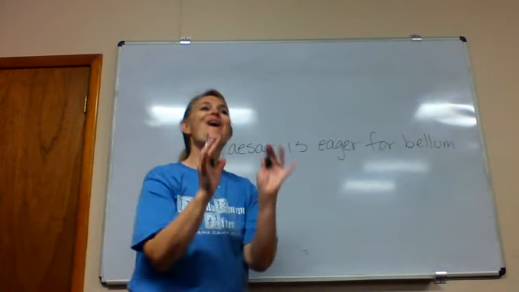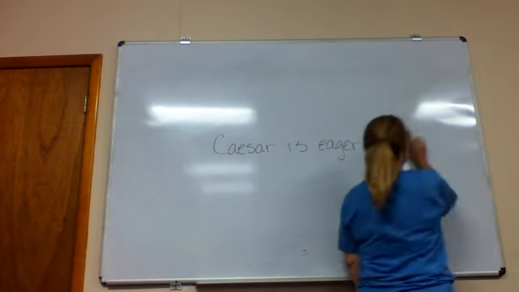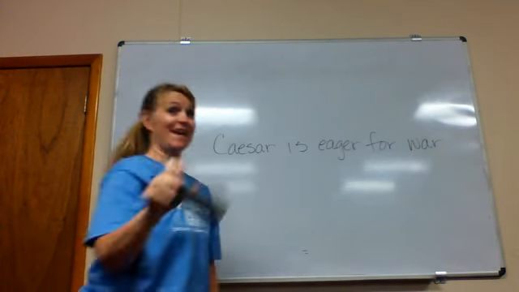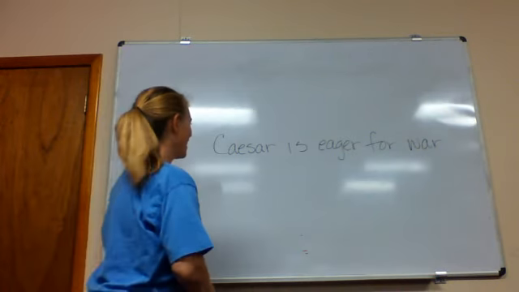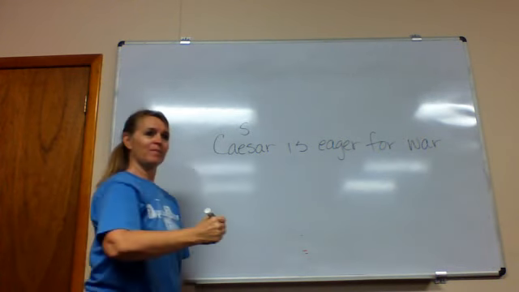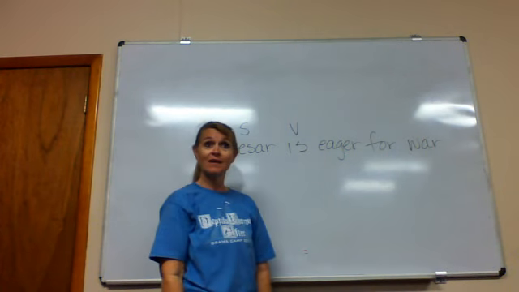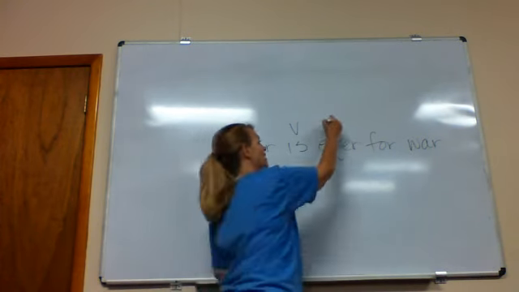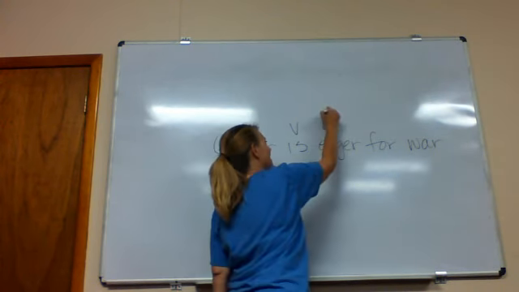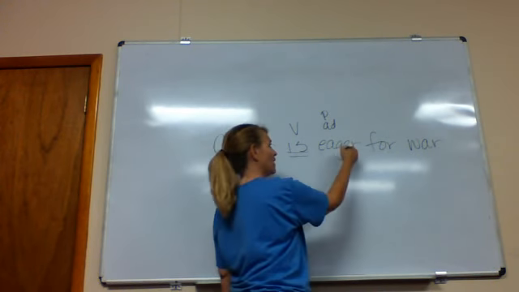Caesar. Okay, what's our verb? Is. Okay, what's our adjective? Eager. It's a predicate adjective because this is our linking verb. Okay, so what case is this going to be in?